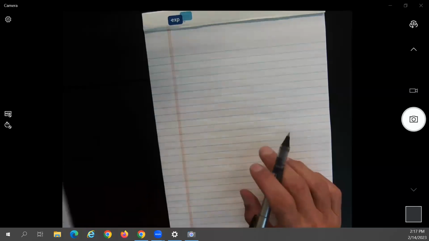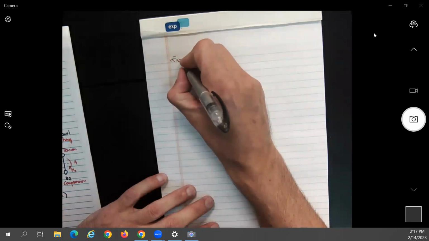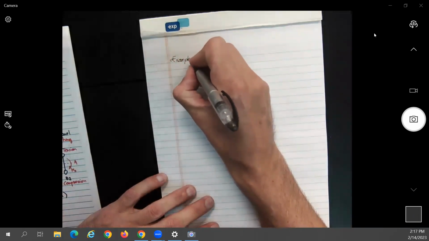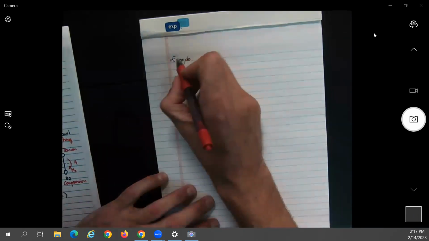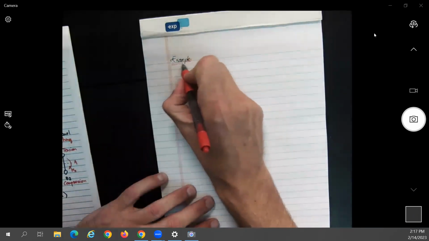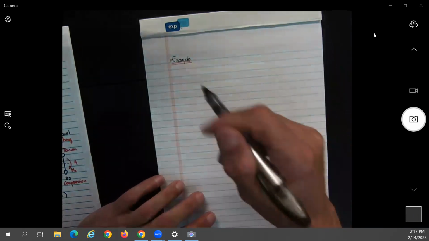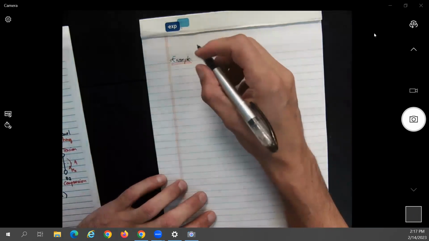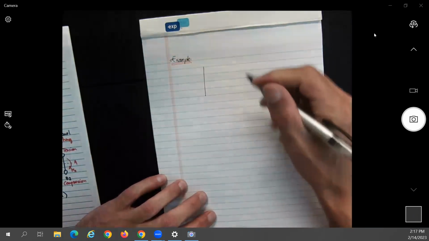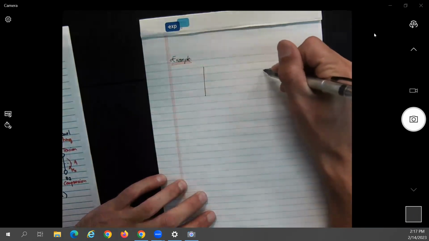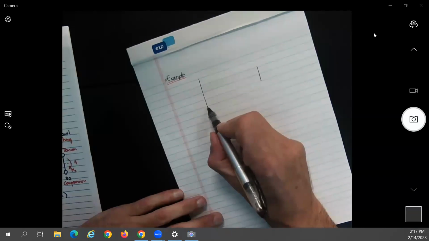So let's go for the example. In this example, we have the simplest case that we can have for a wing spar.